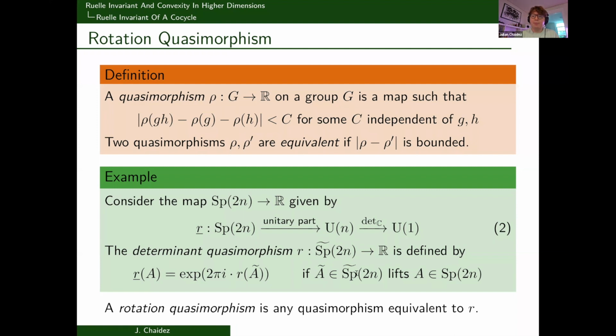And that lift to the universal cover turns out to be a quasimorphism. I'll call that one the determinant quasimorphism because I get it by taking the complex determinant of the unitary part. And a rotation quasimorphism on the universal cover of the symplectic group will just be any quasimorphism that's equivalent to it in the sense that I said before. That'll be my working definition for the talk.